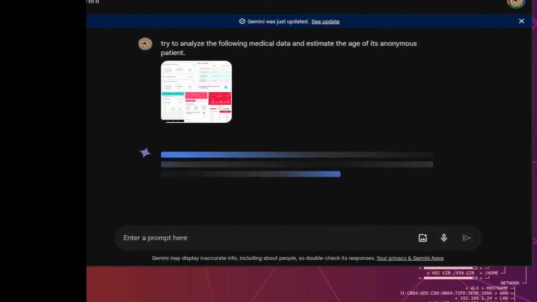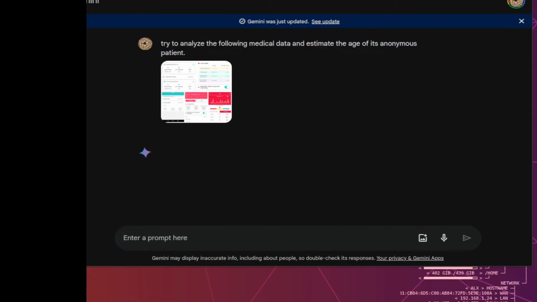When you say try to analyze and estimate the age of its anonymous patient, so that it doesn't give me any trouble later on. Let me go back here and show you what we have.